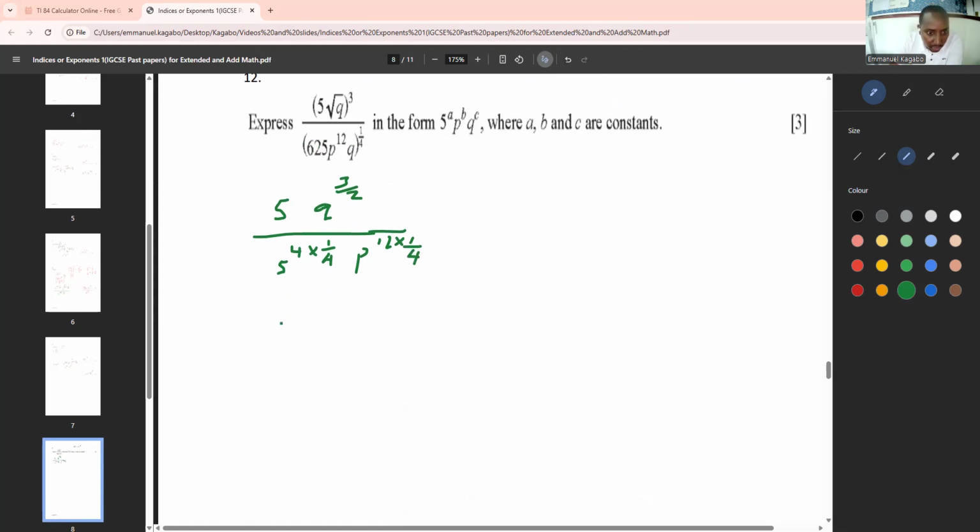What do I get here now? 5 q power 3 over 2. All of that. I want you to see this. Cancels here. Then I'll remain with 5, right? Then p, this simplifies with this. This is 12. 12 divided by 4 gives me 3, right?